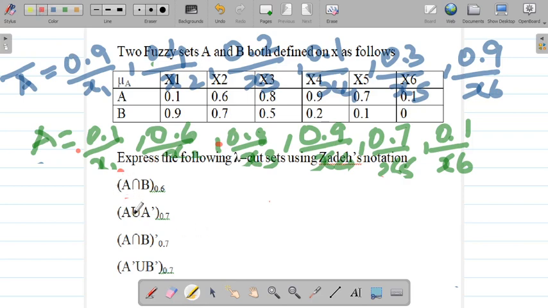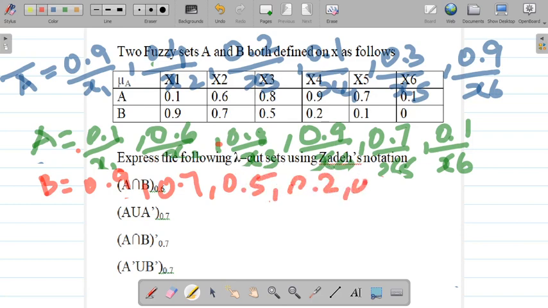The third one is A intersection B the whole bar with lambda 0.7, which means we should find A intersection B first, then we find the complement for that, then we find the lambda cut. So the value of B is 0.9, 0.7, 0.5, 0.2, 0.1, then 0.